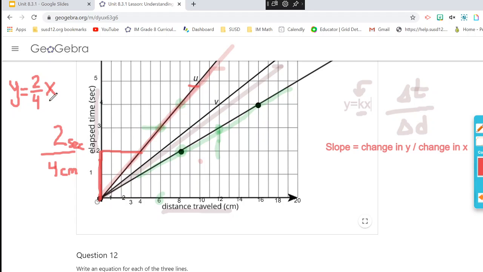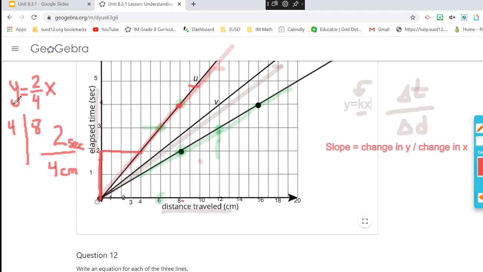This means that for every value of x, her y goes up by half. So let's check that. When x equals 8, what is the y value? So if x equals 8, 8 times 2/4, that means 8 times half, then y equals 4.